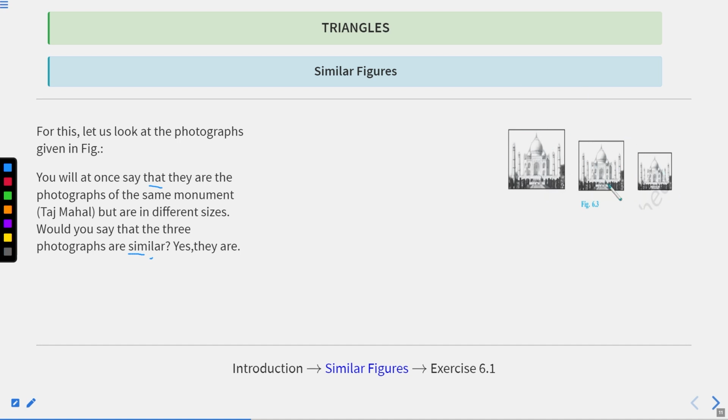They are photographs of the same monument, and the shape of the three photographs is the same, but the sizes are not the same. They are similar figures.